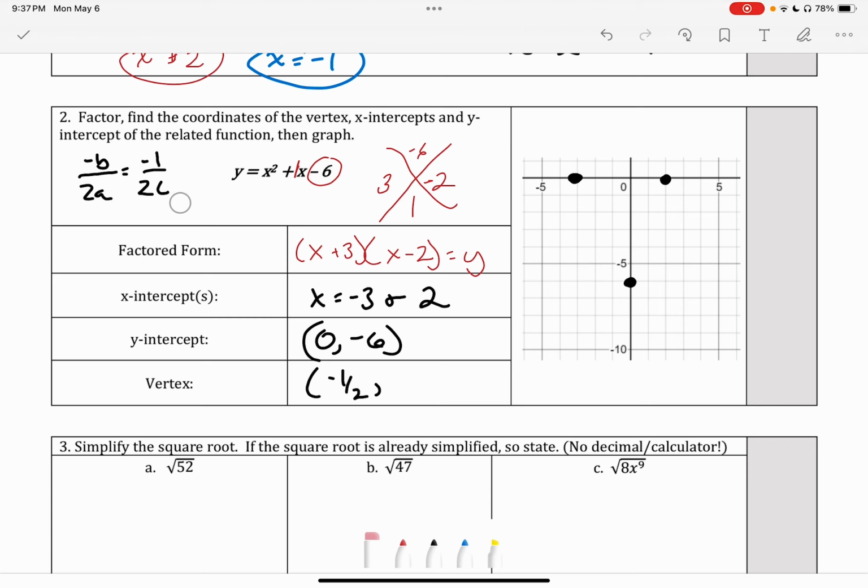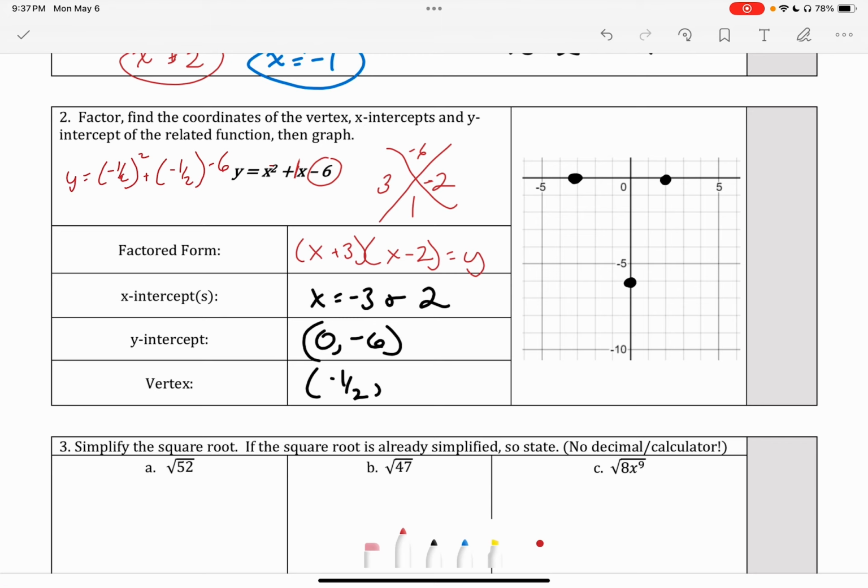And then the second piece of that is to take y equals, now we know what our x value is, it's going to be negative 1/2. We're just subbing this back into the equation. So negative 1/2 squared plus negative 1/2, because that's x, and then minus 6.